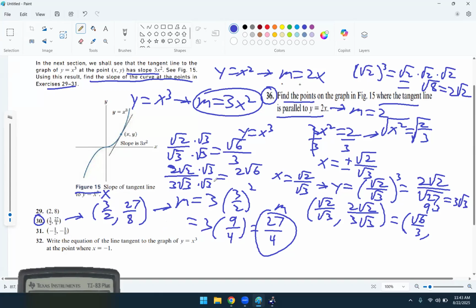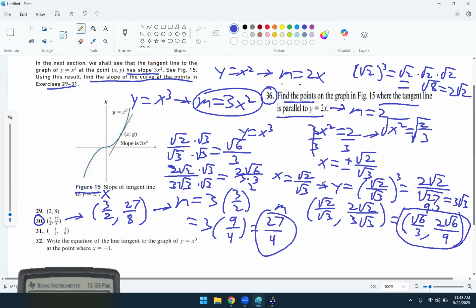And again, root 3 times root 3 is 3, right? So this is going to be 3 on the outside, and then you have this 3 here from the root 3 multiplying to itself. So that's going to be 9. Can we see that? So this is going to be 2 root 6 over 9. Are you with me on that? So that's the final answer in terms of getting rid of the square roots on the denominator.